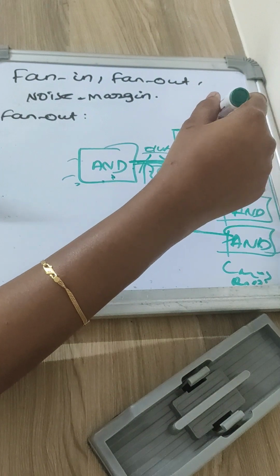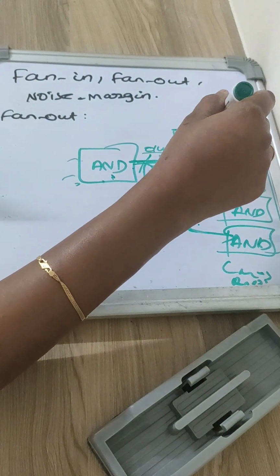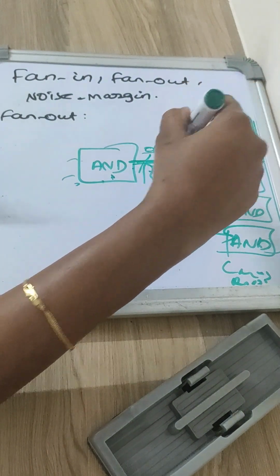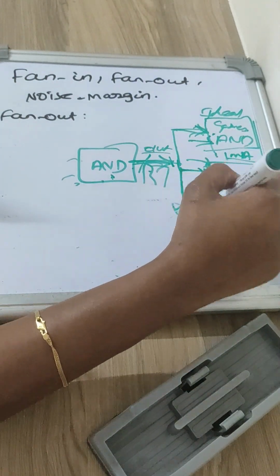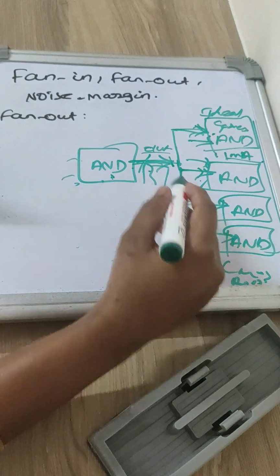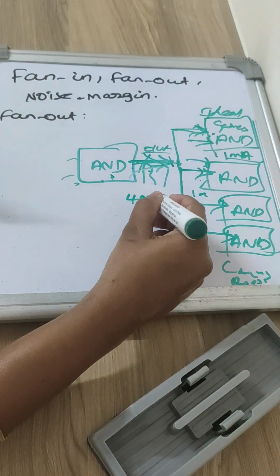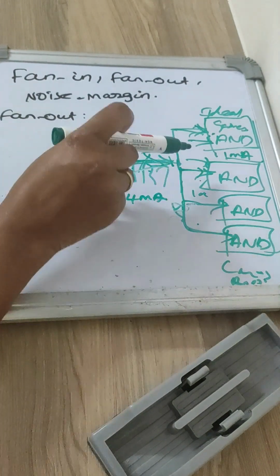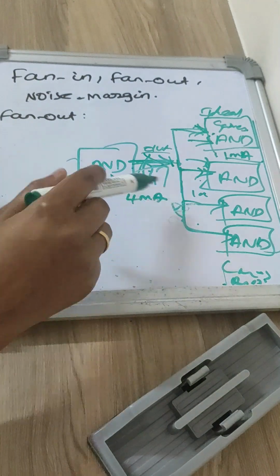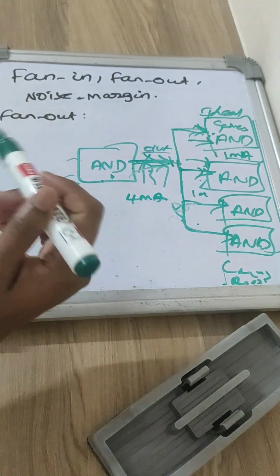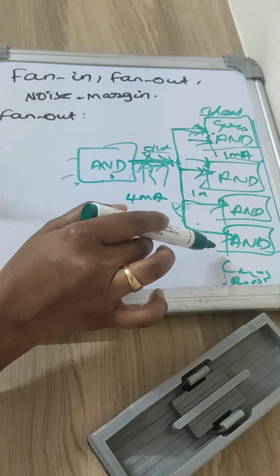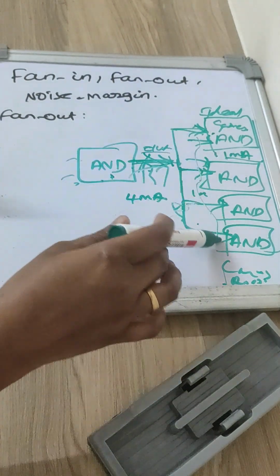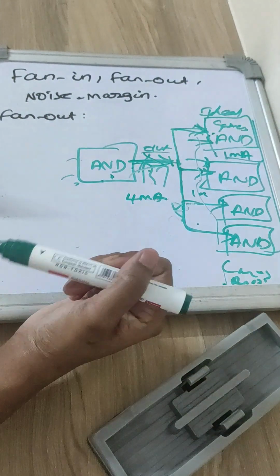So if it needs 1 milliamp as a drive strength, and all are identical, all need 1 milliamp, 1 milliamp, 1 milliamp. So you should be driving 4 milliamps to drive all the other gates. Then only could you feasibly drive all of these 4 things, right?